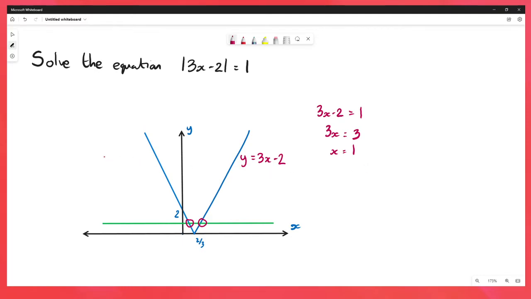Well, again, as we said in the last video, this branch here is the graph of minus 3x plus 2, which we can see is taking everything inside the modulus and changing the sign.